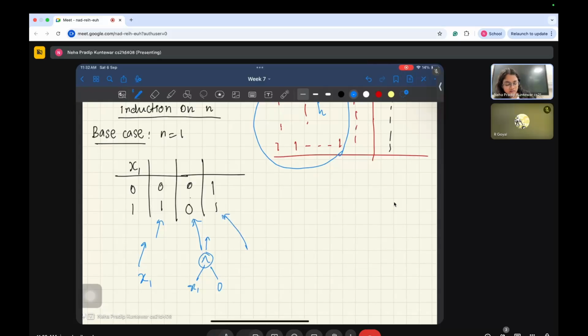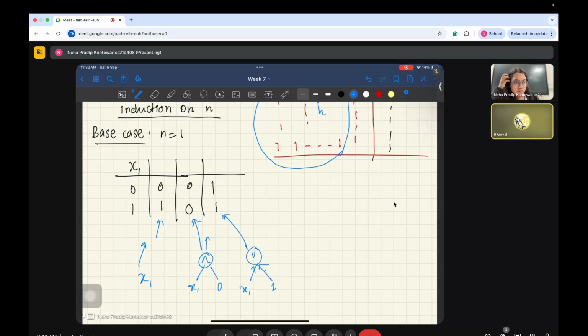And in this case, take an OR gate, add this 1 as its input and output that. So in all the three cases, we have a monotone circuit corresponding to it.